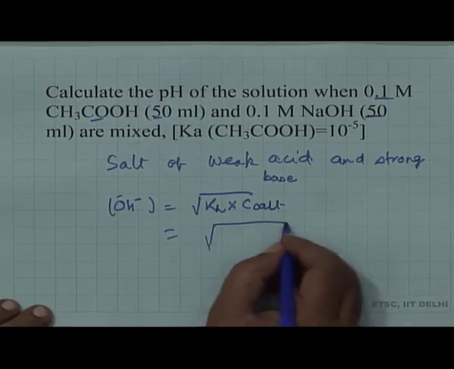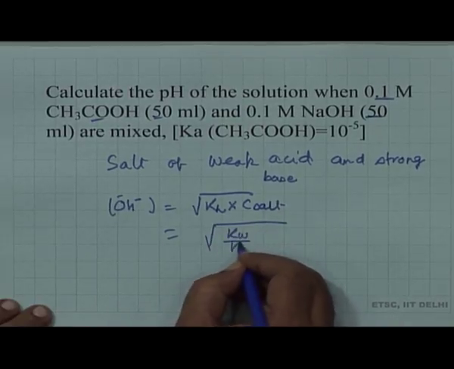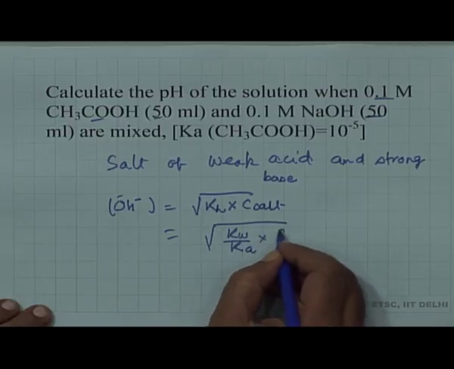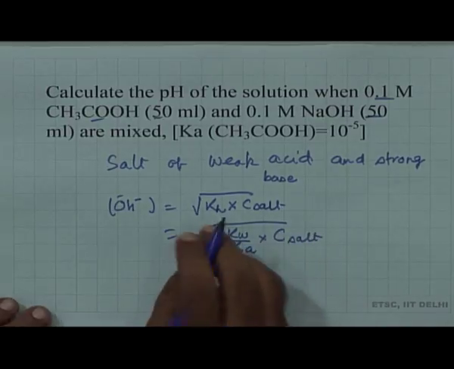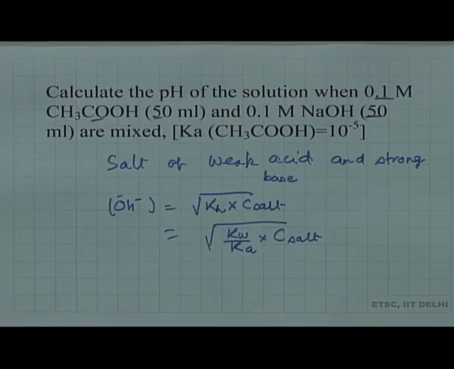We know that Kh is equal to Kw by Ka. So, once you calculate OH minus ion concentration, you can calculate H plus ion concentration, and then you can get the pH of the solution.